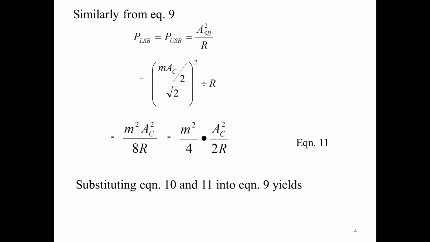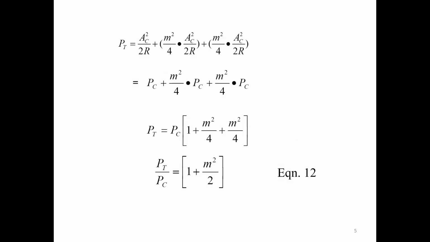If we substitute equation 10 and 11 into 9, it will yield PT equals PC plus M squared over 4 times PC plus M squared over 4 times PC.